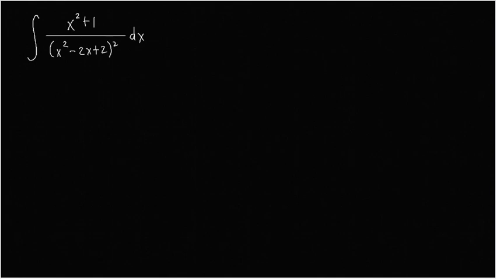So we have here the integral of x squared plus 1 all over x squared minus 2x plus 2 squared dx. So the x squared minus 2x plus 2, let's first rewrite it in terms of x squared minus 2x. Okay?